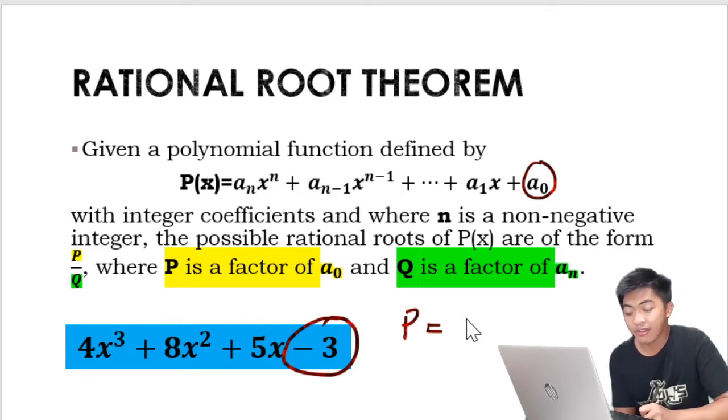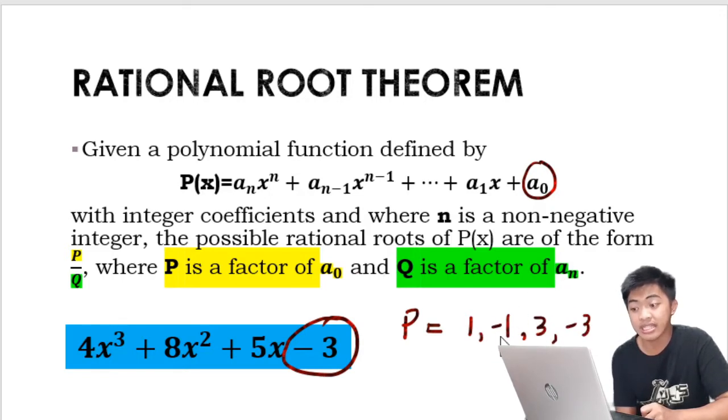The factors of negative 3 ay ito: 1, negative 1, 3, and negative 3. Yan po ang factors ng negative 3. When we say factors, these are the numbers na pwede mong i-divide dito na walang remainder. So, negative 3 is divisible by 1, negative 1, 3, and negative 3. And if you divide negative 3 by these numbers, it will not have a remainder.